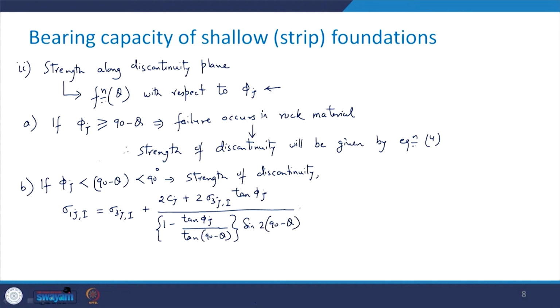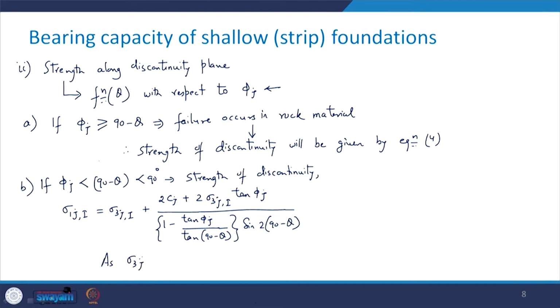This expression we have already derived when we were discussing about the single plane of weakness theory. There it was in terms of beta, and here we are considering the angle theta, but it is one and the same thing.